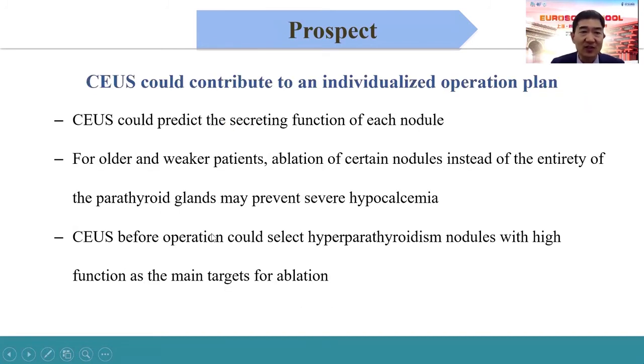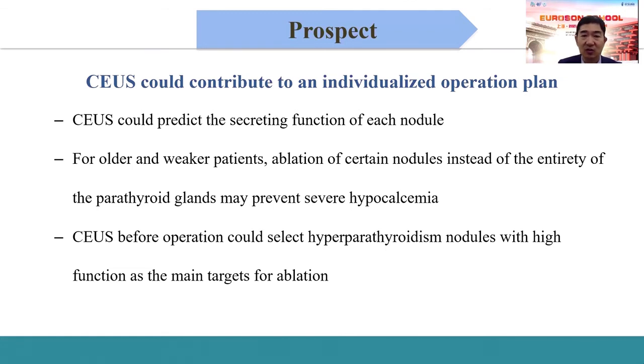And in this process, CEUS could contribute to an individual ablation plan. CEUS could predict the secreting function of each nodule. For older and weaker patients, ablation of certain nodules instead of the entirety of the parathyroid gland may prevent serum hypocalcemia.